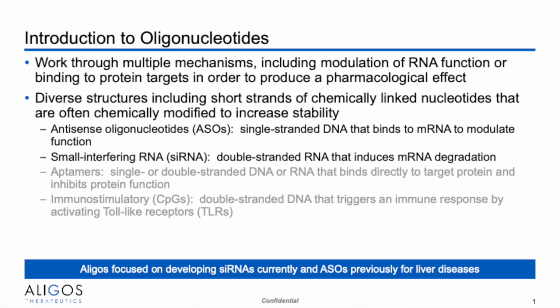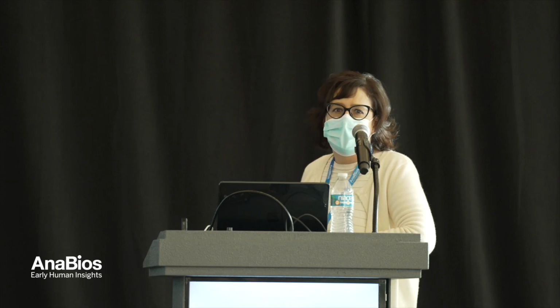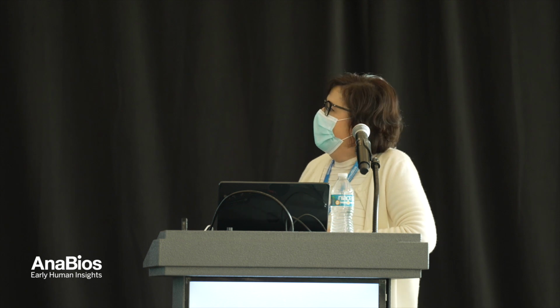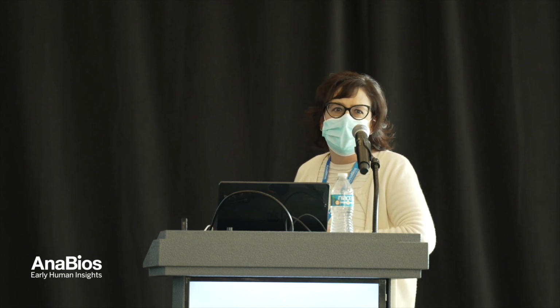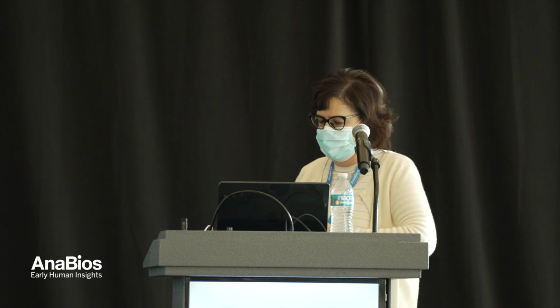These can be very diverse structures, as short strands of chemically modified nucleotides that increase their stability within the plasma and get to the proper target. We work on both antisense oligonucleotides as well as siRNAs, and we have been focusing on this for liver diseases. Primarily what I'll be talking about today is hepatitis B.